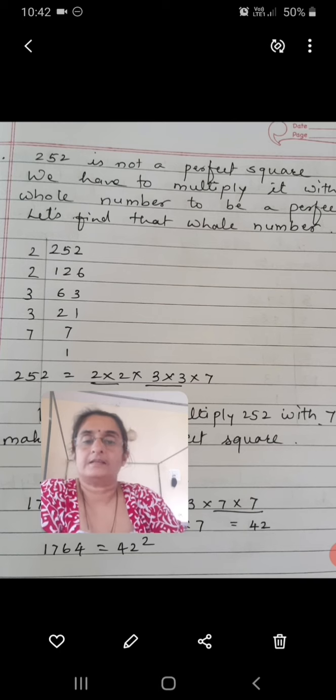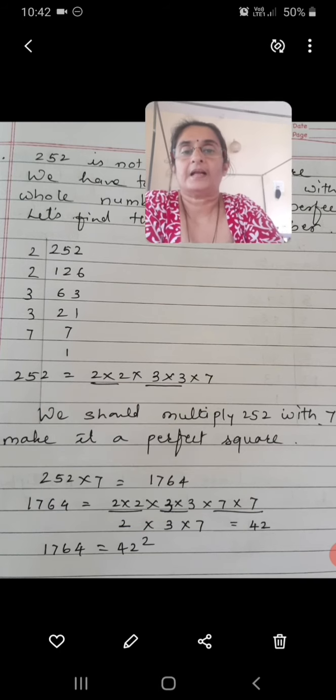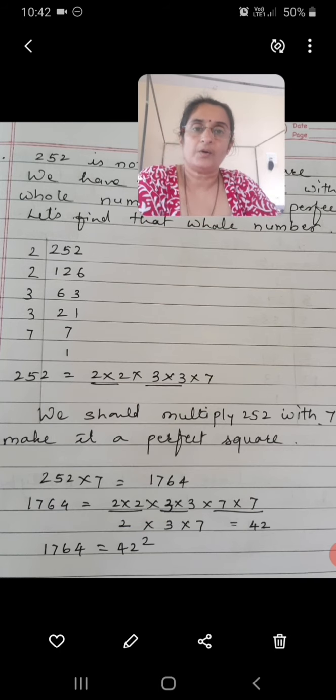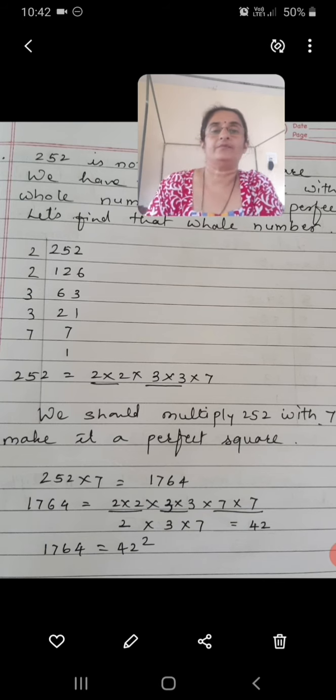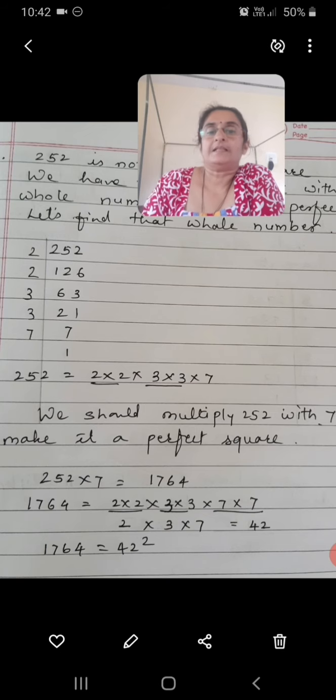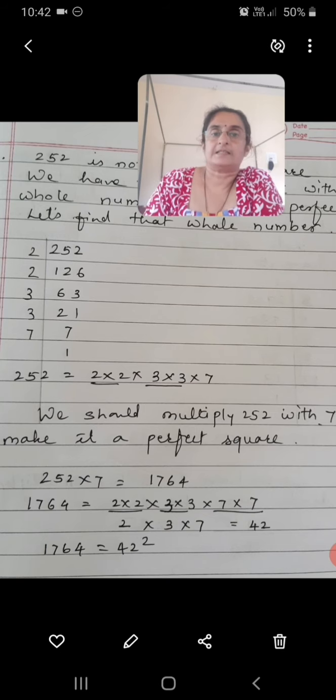Now here some numbers are given and those numbers are not perfect squares. If you multiply that number with some prime number, you will get a perfect square. So the given number is 252. We'll do the prime factorization and we'll decide by which number we have to multiply it.